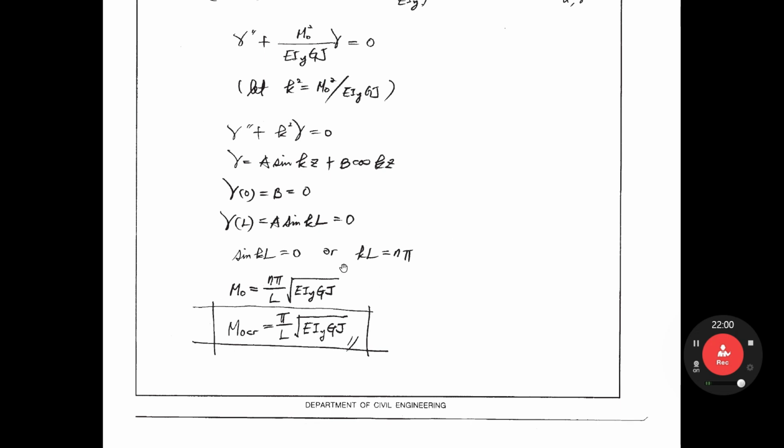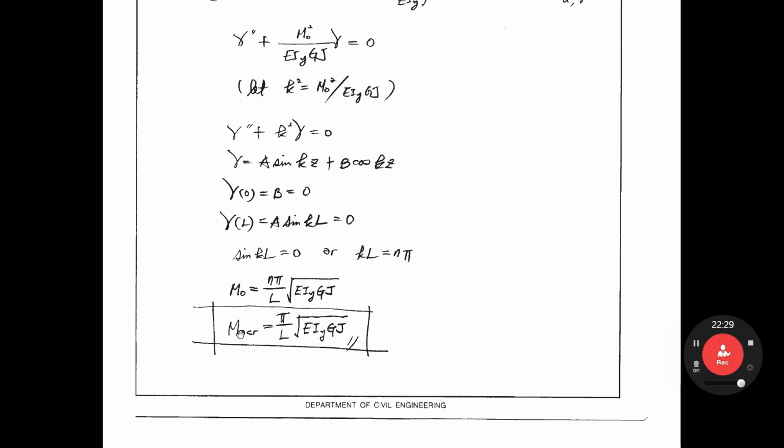So from this equation, what is your k? If you input this into here, that means M0 over the square root of EI Gj. Then you can finally get M0 equal to nπ/L times the root of EIy GJ.